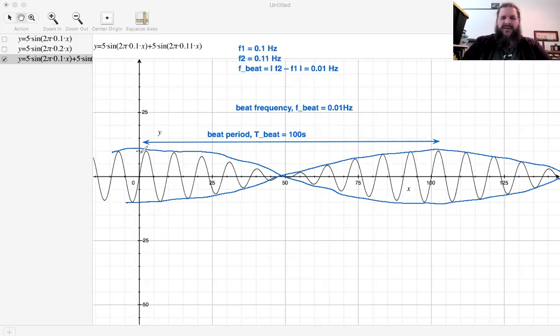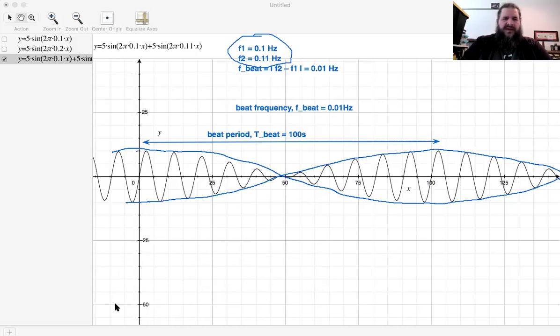It's basically just describing how the amplitude changes. Like here you've got strong amplitude, then the amplitude gets smaller and smaller, and then at this instant, at 50, the amplitude is 0. And then the amplitude starts to get bigger again. So the wave envelope is a useful way of visualizing this idea of beats also. We're going from large amplitude to 0 amplitude to large amplitude again. The amount of time it takes from large amplitude to large amplitude, or from 0 amplitude to 0 amplitude, is the beat period. And the inverse of that, the beat frequency, is literally just the difference between the two frequencies of the different sources.